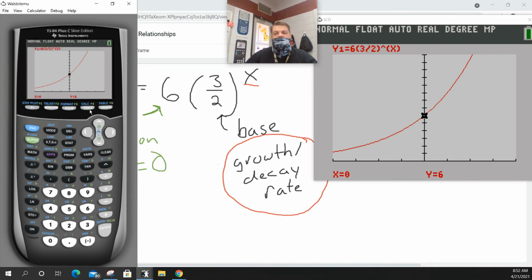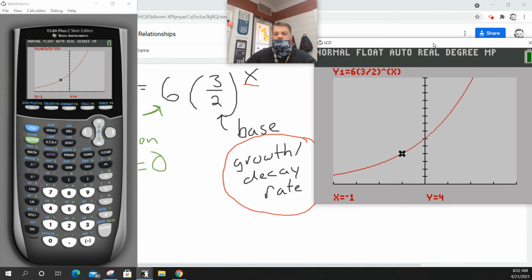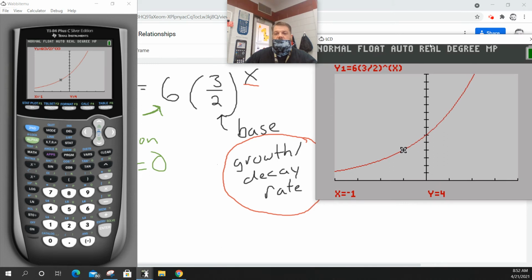So when I hit the trace button, if I go to -1, see how it says x equals -1? It'll tell me the corresponding y value. All right, does that match up? Yep. Notice that when I hit 0, when I'm in trace mode, if I hit 0, it's right here at 6.